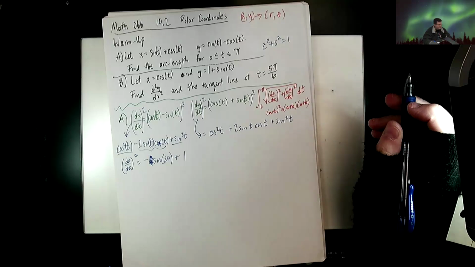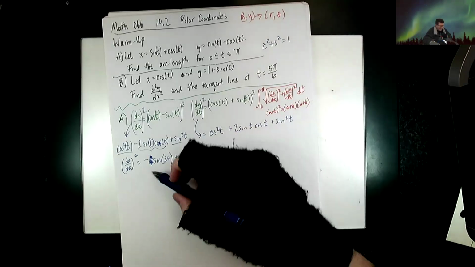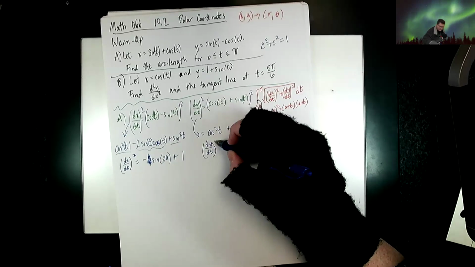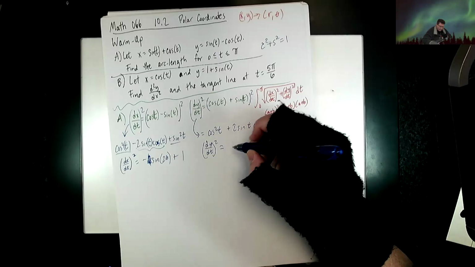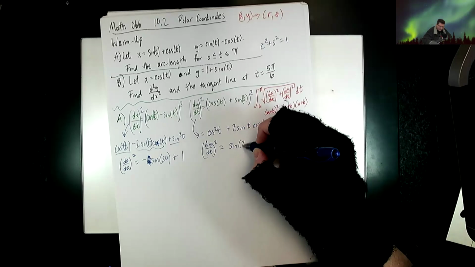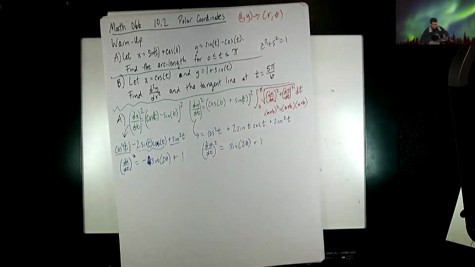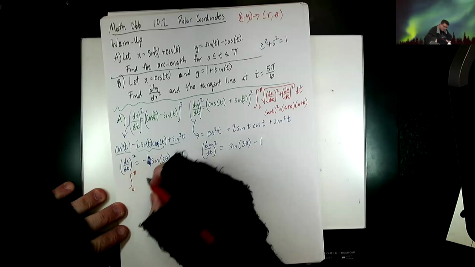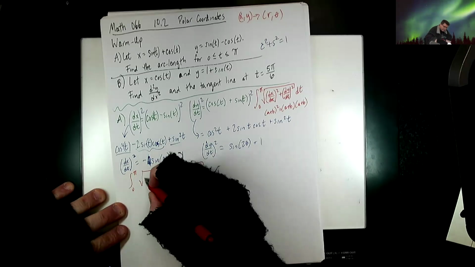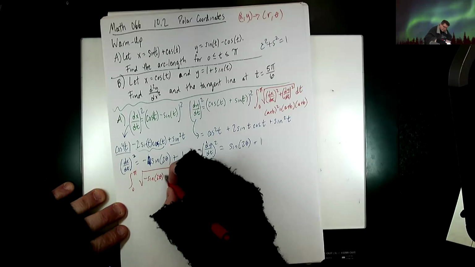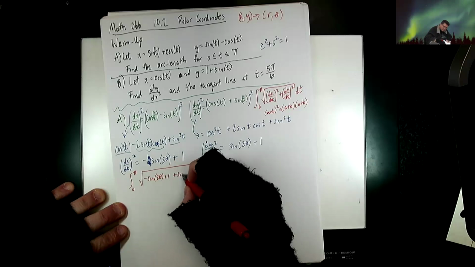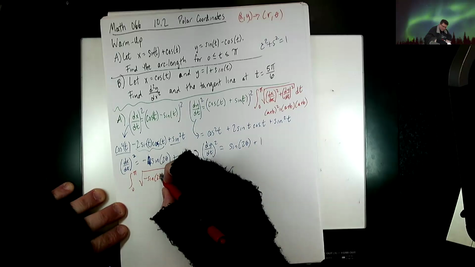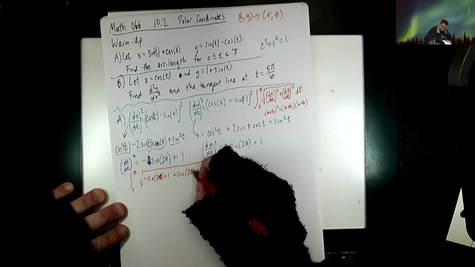Sine of 2 theta is 2 sine theta cosine theta. That's not going to really help us, because dy dt is going to have the exact opposite: sine of 2 theta, the positive version, plus 1. So when we add these together from 0 to pi, let me put t back in.